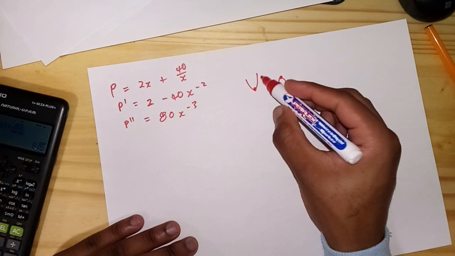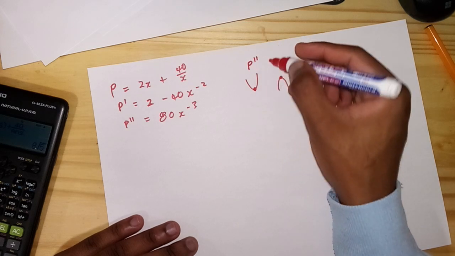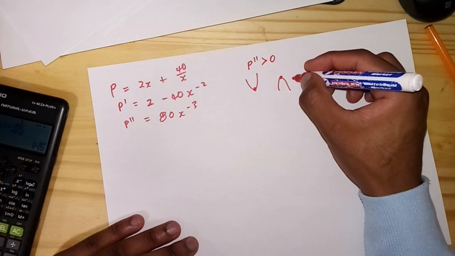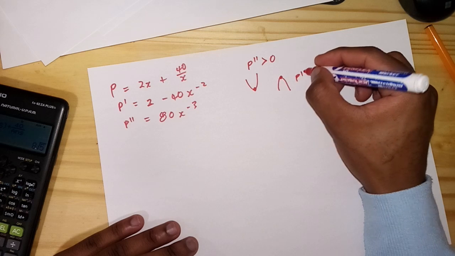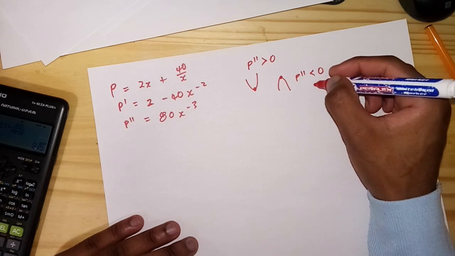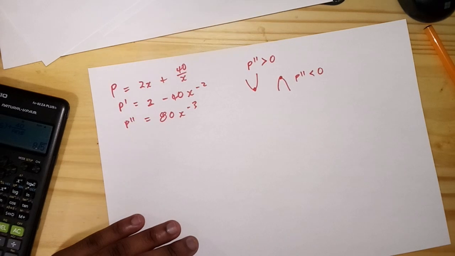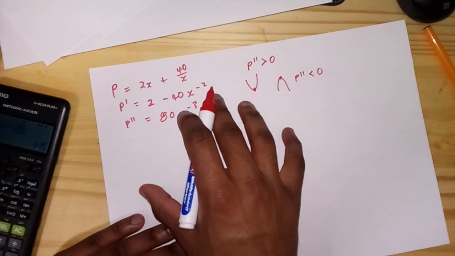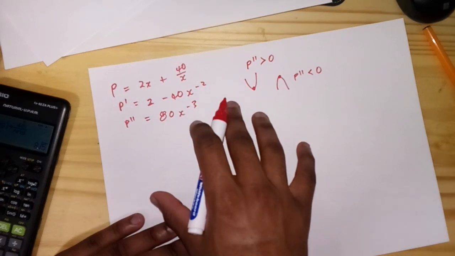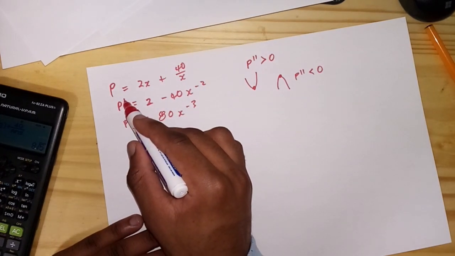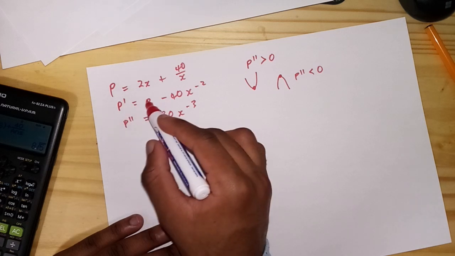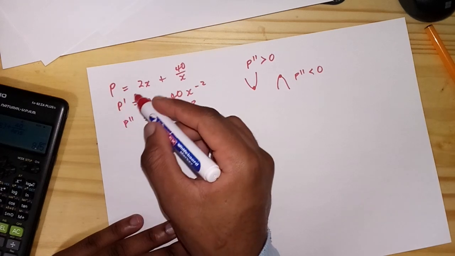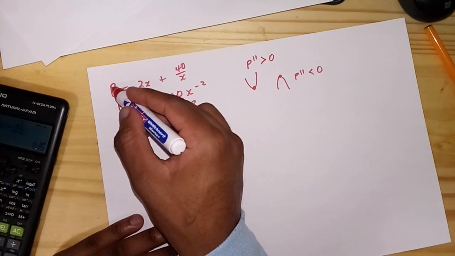Concave up means that the result of your second derivative has got to be positive, and for concave down, the result of your second derivative has to be negative. Okay, so let's see, what are we getting there? I just want to affirm this. Your second derivative tells you the concavity, your first derivative tells you the gradient at a particular point on your initial equation.